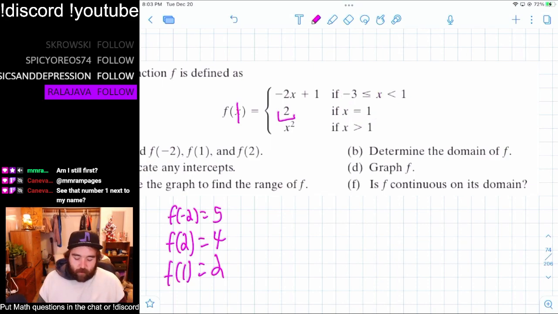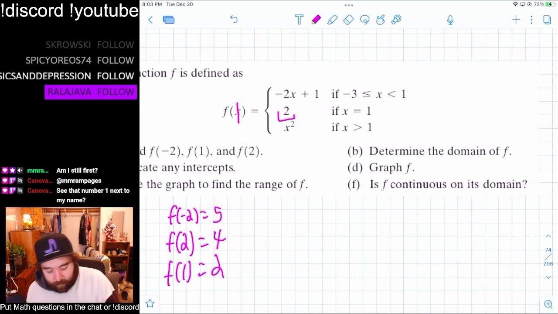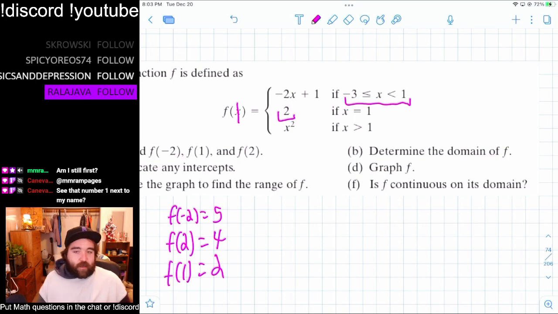Because at first it seemed like it could be anything. But look at this top one. This top one only goes down to -3. If we tried to plug in x equals -4 into this function, then we wouldn't have anywhere to plug it in, because that one only applies when x is between -3 and 1. If x is less than -3, this function's got nothing for it.